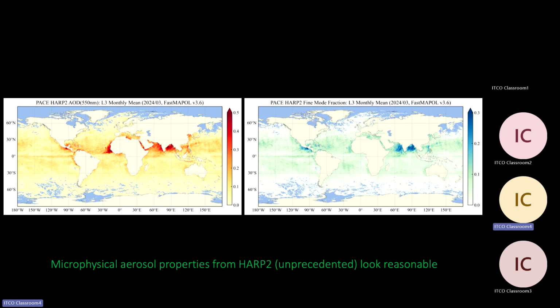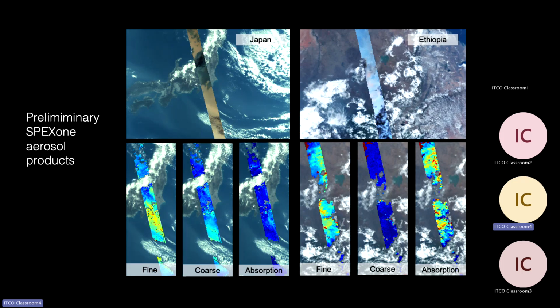what aerosols are present. This is a SPEX1 image, just showing you these various aerosol retrievals over Japan and Ethiopia. You're looking at coastal waters over here in Japan, so we're getting around Tokyo. You can see there's a fine mode aerosol lighting up here, but not as much absorption.